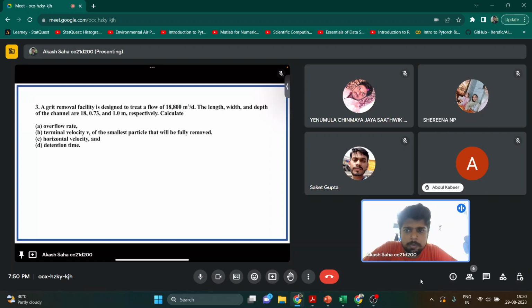So kindly note down the problem. We have a grit removal facility for which the design flow is given, and then we have the length, width, and depth of the channel. So we have to find four parameters.